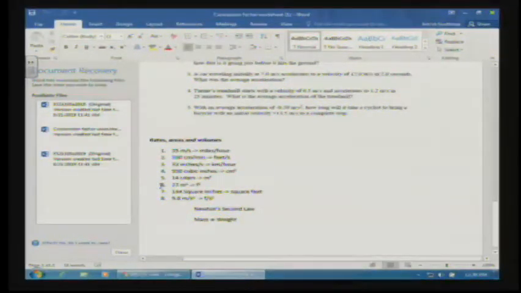So the first thing I'm going to do, for example, is to convert, and there's some weird ones in here as well, like liters to meters cubed. A liter is a measure of volume already. It's 0.001 meters cubed, but you can take a look at that and see what it is. But anyway, this one is already cubed.